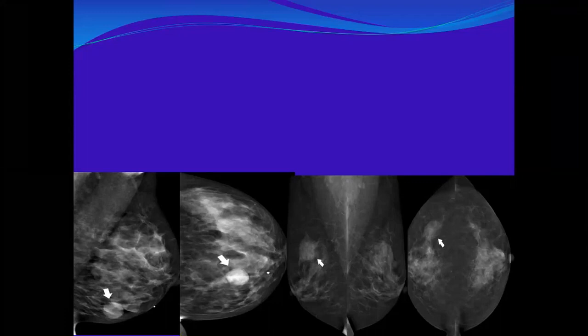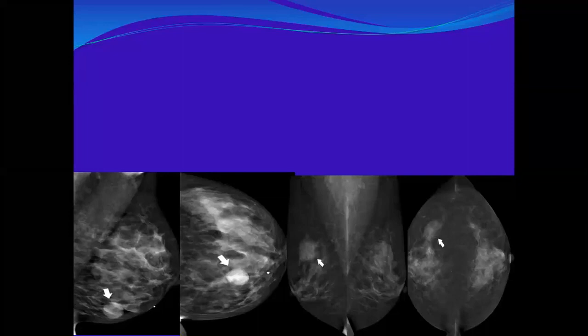It is rounded, has convex borders, and it is seen in both views, CC and mediolateral oblique, with persisting shape and complete convex borders, and it is opaque throughout.